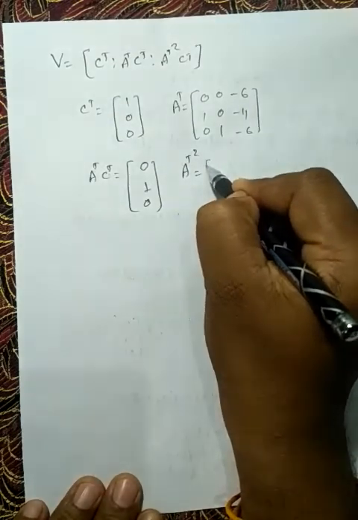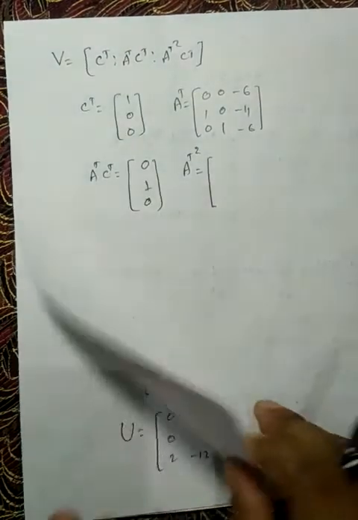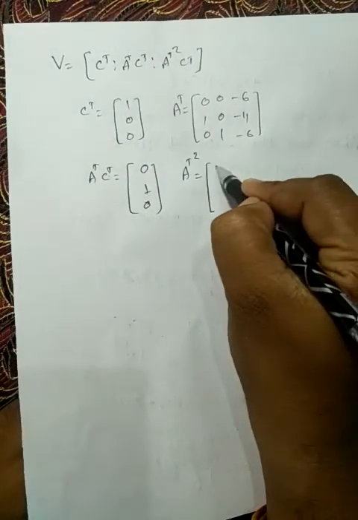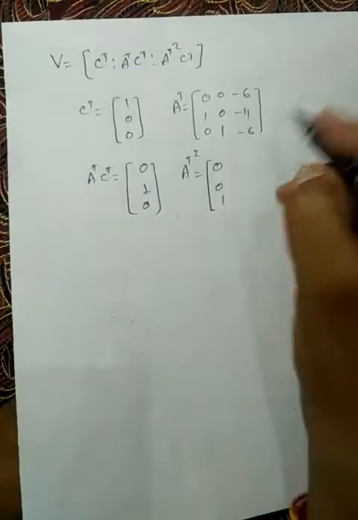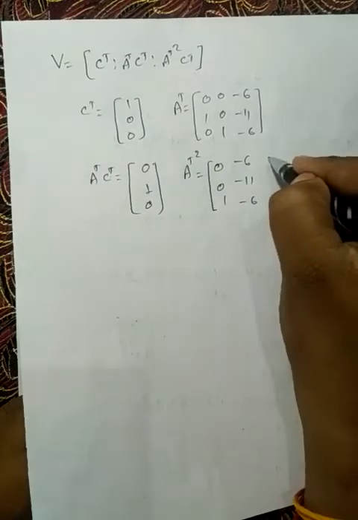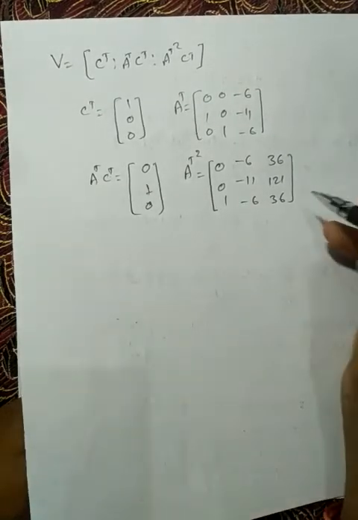So AT square will be like our A square matrix is here. So AT square will be 0 0 1 minus 6 minus 11 minus 6 and 36 1 2 1 36, right?